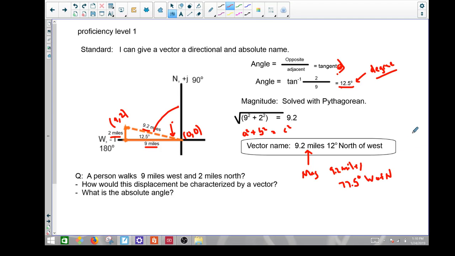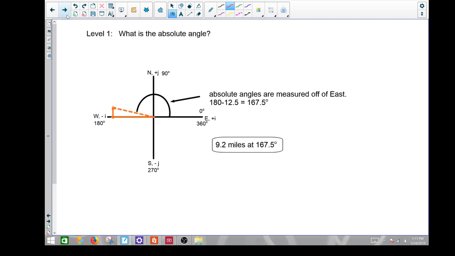Now it also says here, what is the absolute vector, essentially? Let's try that for a second. Okay. So the absolute is pretty much the same, except that rather than measuring your line based off of the west axis or the north axis, we're going to base everything off of the 0, east. So all I do is I want to know what is this particular angle here.